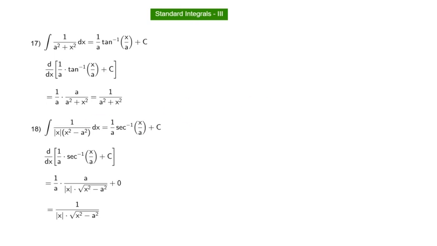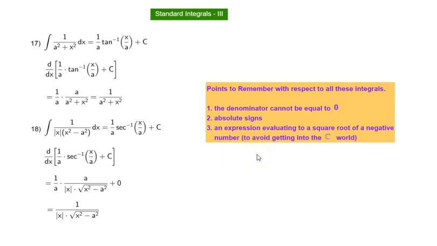Now here you have to remember certain points which I have not mentioned explicitly with respect to all these integrals. So points to remember with respect to all these integrals, the denominator cannot be equal to 0. You have to make sure that you are clear about the absolute signs.